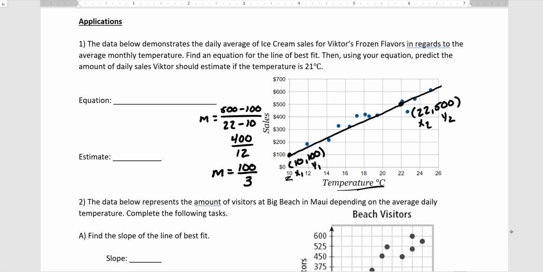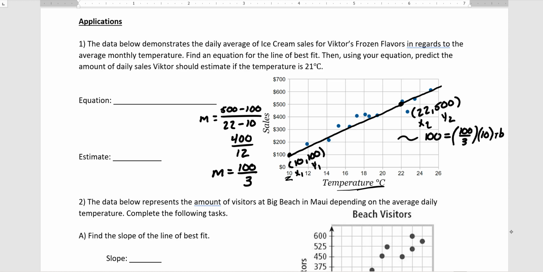Very good. Now my y-intercept is what I need to find next. So let's use this point x1, y1 here. So with that, I'm going to do it over here. So I'll say y, 100, equals m, 100 over 3, times x1, which is 10, plus b.